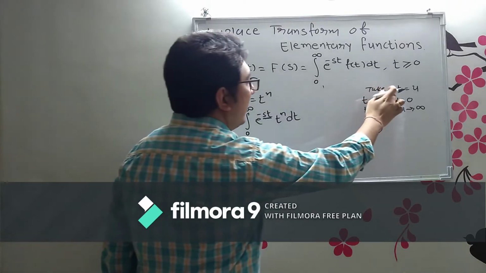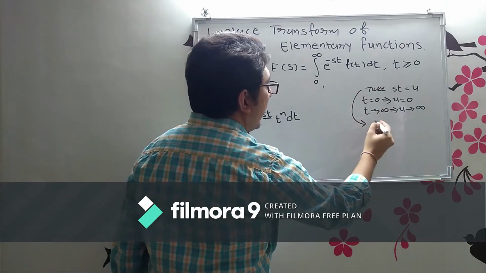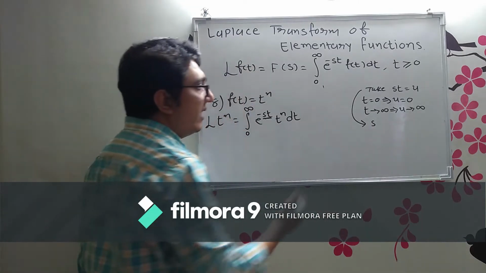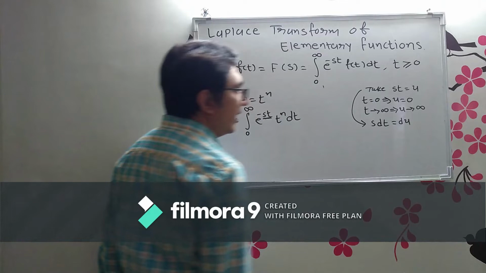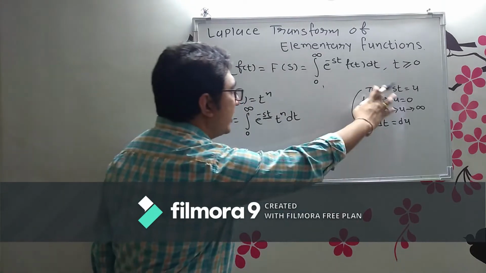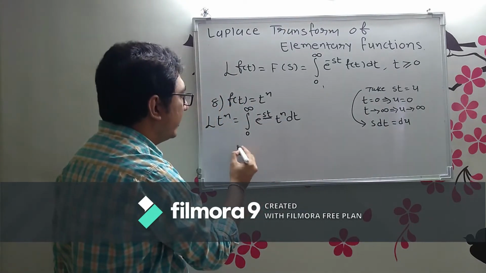If I take the derivative of this form, s remains as it is, and the derivative of t is dt, right hand side is du. Substitute all this information in this form, so what will you get?